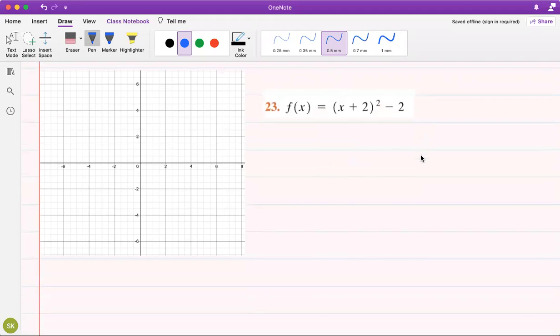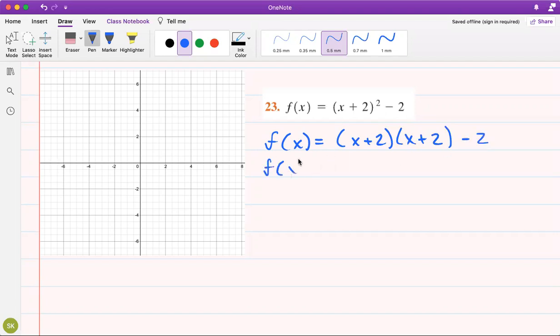Now here I'm giving you a quadratic. f of x is equal to (x plus 2) squared minus 2. The first thing I want to do is put this in the general form, just so that you can see what you need to do to get to the general form. So notice that if we square this, we get x plus 2 times x plus 2 minus 2.